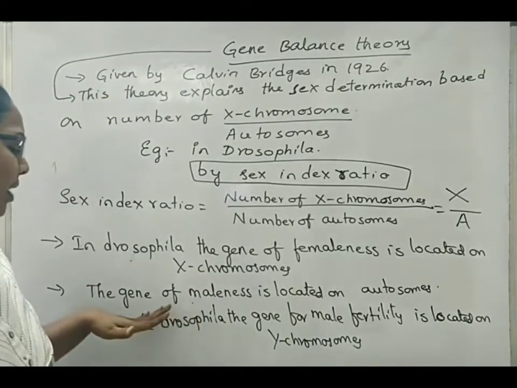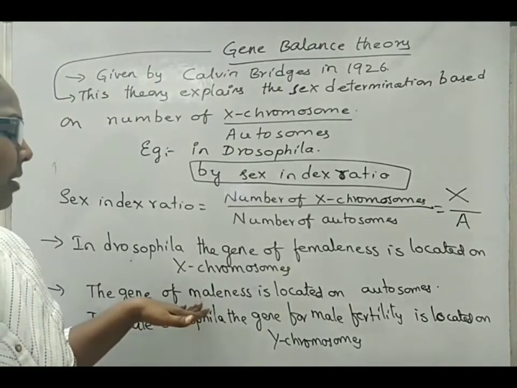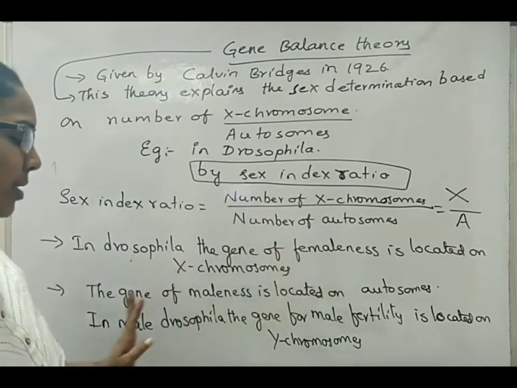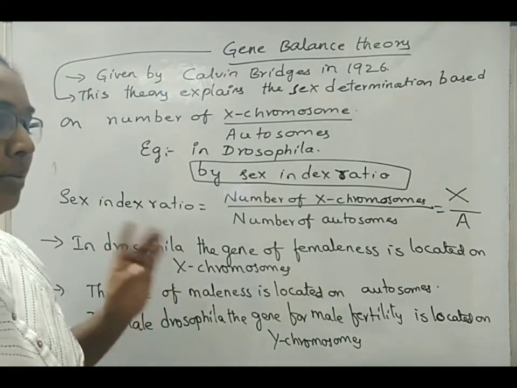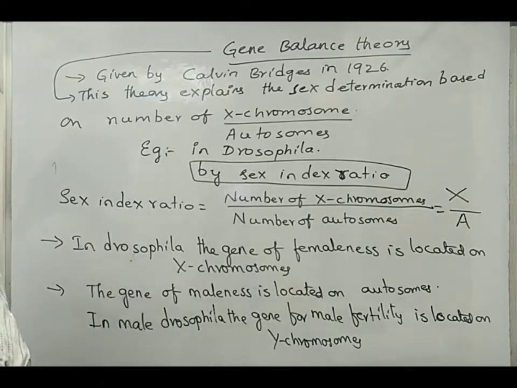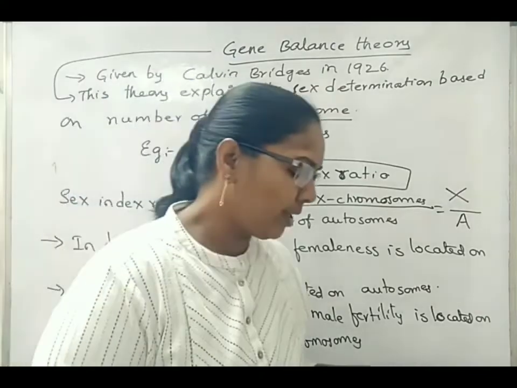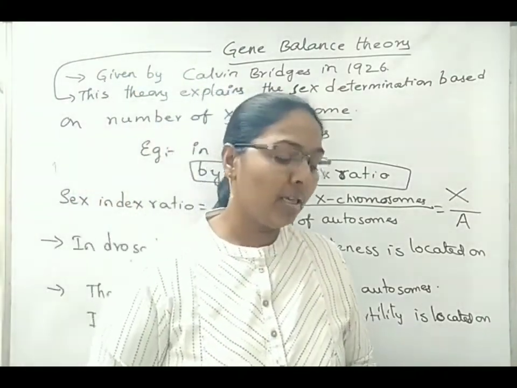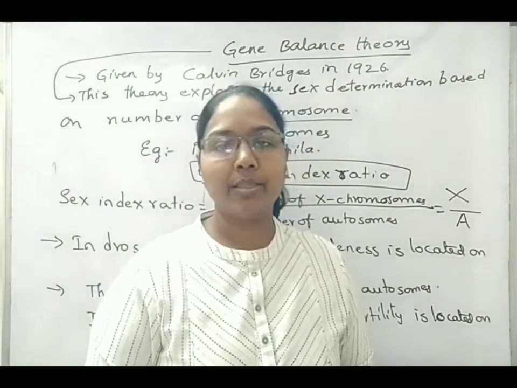In case of Drosophila, the genes for maleness are located on autosomes. But the gene that is responsible for fertility condition of male Drosophila is located on Y chromosomes. So in case of Drosophila, the Y chromosome plays an additional role in spermatogenesis and development of male reproductive organs.